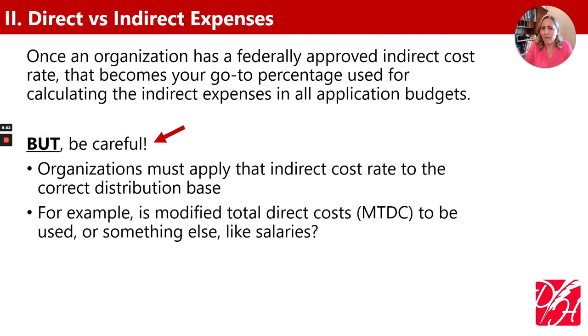Simple, right? Well, except that we will often see in grant guidelines something about MTDC, which is Modified Total Direct Costs. Within government grants, there will be definitions for things that must be excluded from your direct costs before you calculate your indirect cost rate.